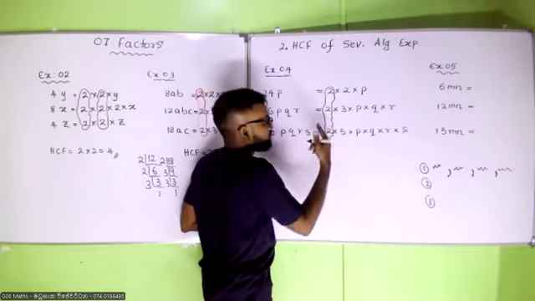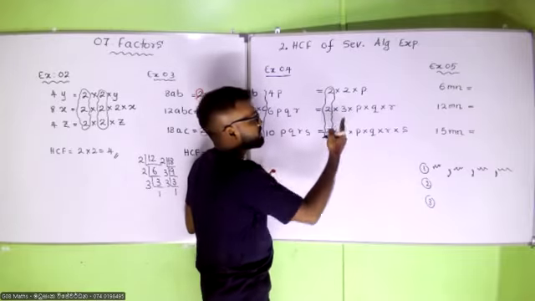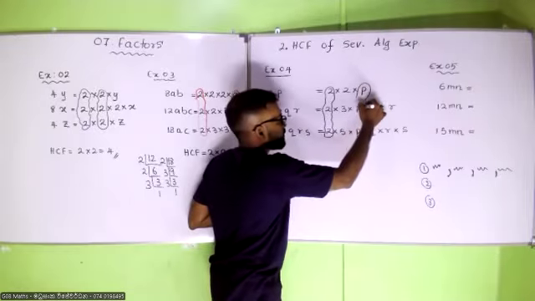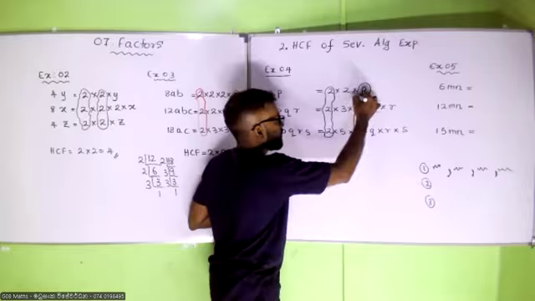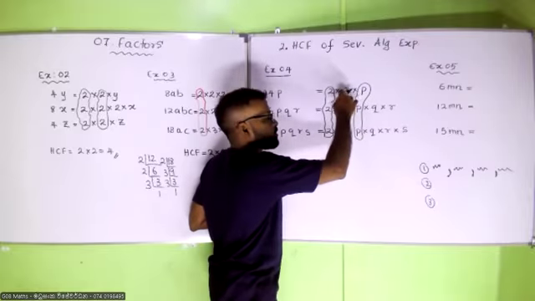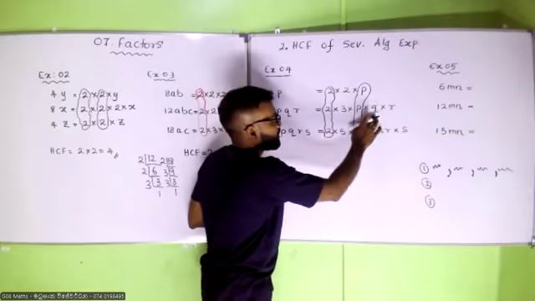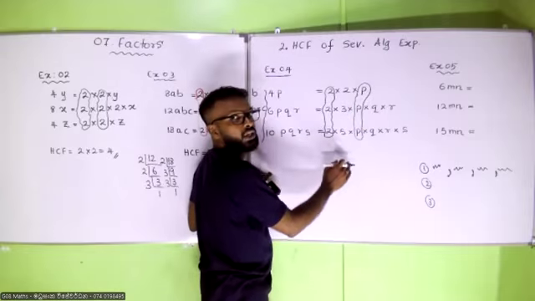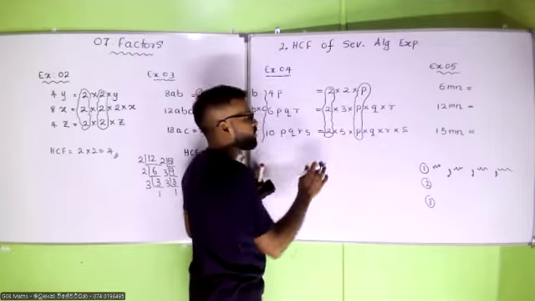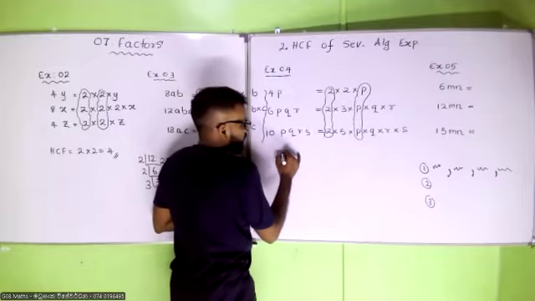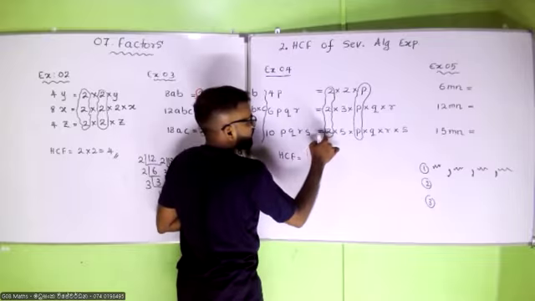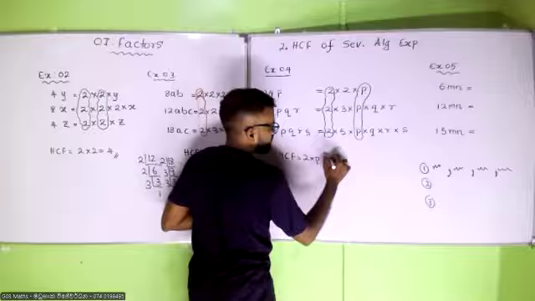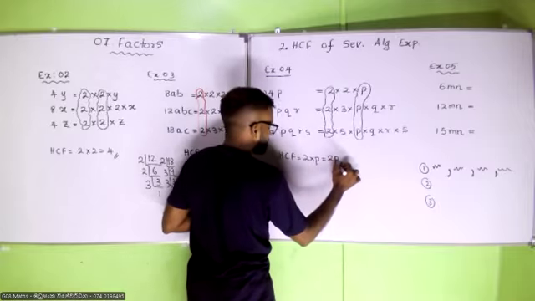There are no other common numbers. P is a common term. Q is not common for all 3 rows, because here we do not have any Q. R is not common for all 3 rows, because it is only here and here. So the highest common factor of this one is 2 multiplied by P. That means 2P. How easy.